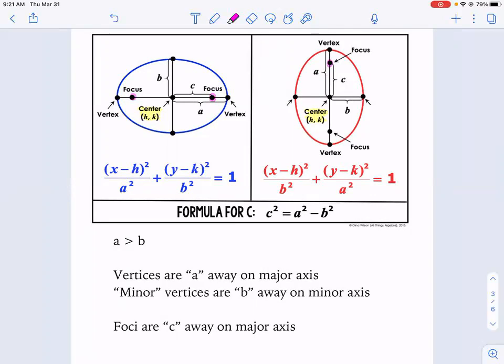Okay, so do we all agree what these ellipses look like?